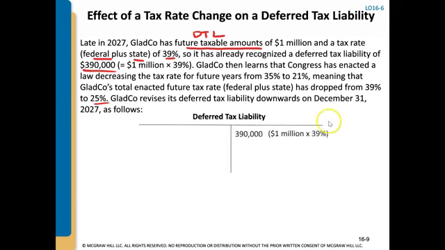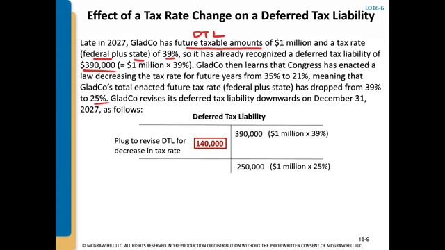So let's see how that's recorded. I started off with a deferred tax liability of $390,000, and a liability's normal balance is a credit balance. Now I have to adjust that ending balance. That $1 million is gross, meaning it's not tax affected. The new tax rate is 25%, because that is the combined federal and state rate that will apply when we eventually have to recognize this $1 million in our taxable income.